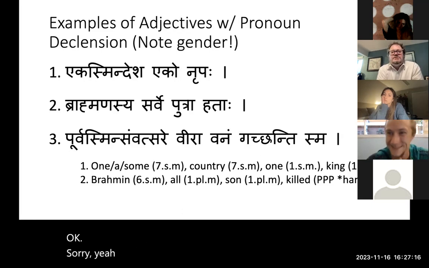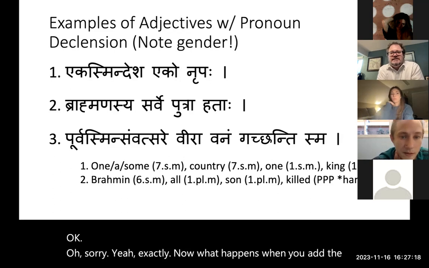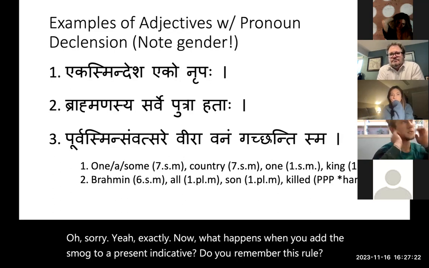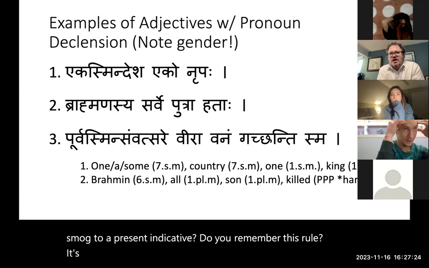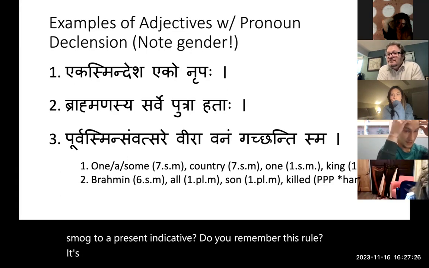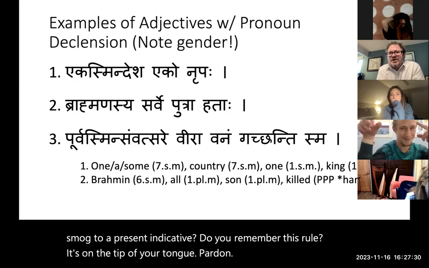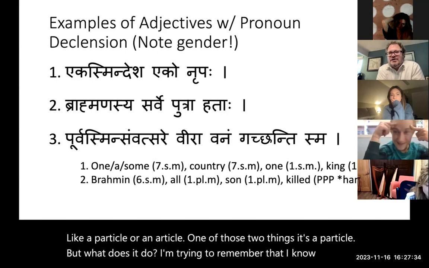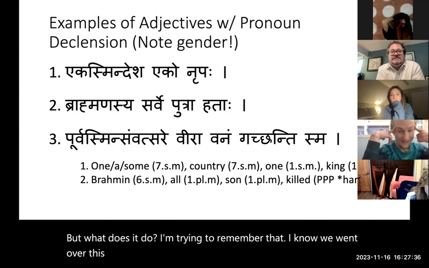Now, what happens when you add the sma to a present indicative? Do you remember this rule? It's a particle, but what does it do? It makes it past. It puts it into a very simple past tense.